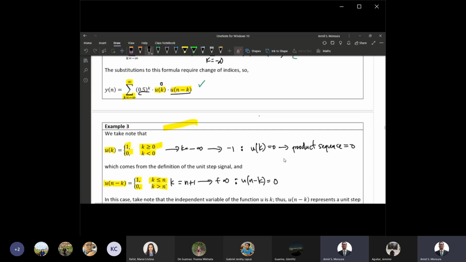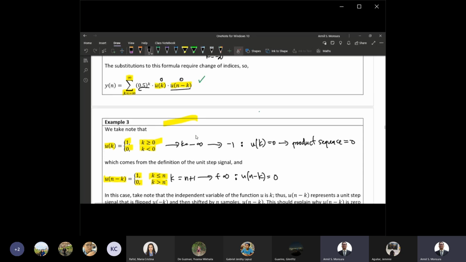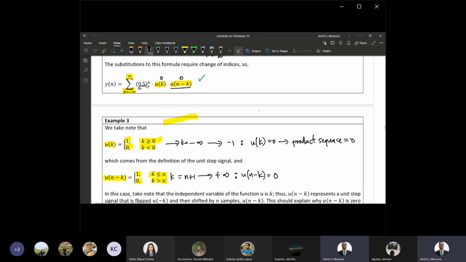Now, at these values of k, regardless kung ano yung value ng 0.5 raised to k at saka ng U of k, mag-0 tong factor na to. This would still lead to a product sequence of 0.